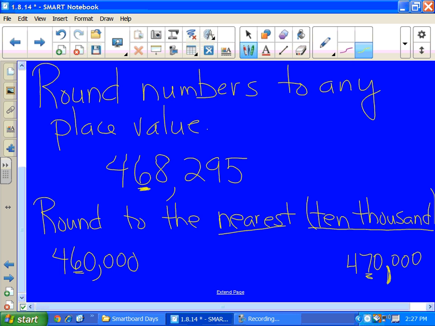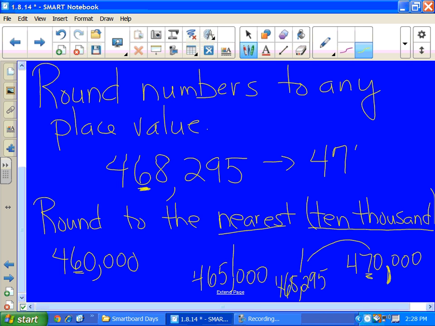So if we looked at 468,000, we know that 465,000 is smack dab in the middle. So we know that 468,000 would have to be somewhere over here. And of course, that is nearer to 470,000 than it is to 460,000. So 468,295 rounded to the nearest 10,000 would be 470,000.